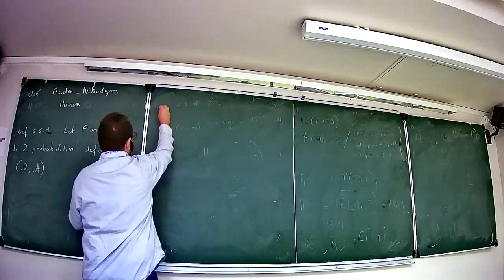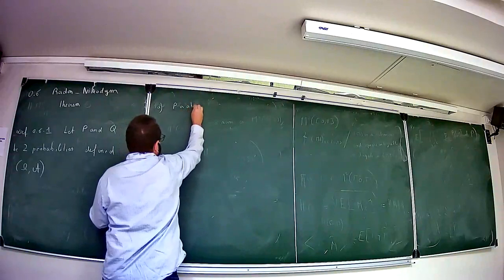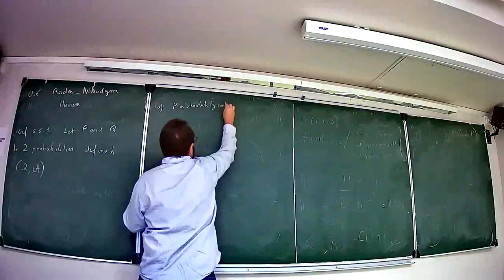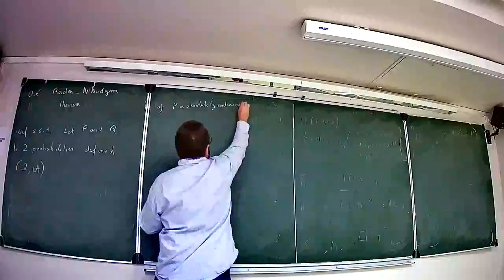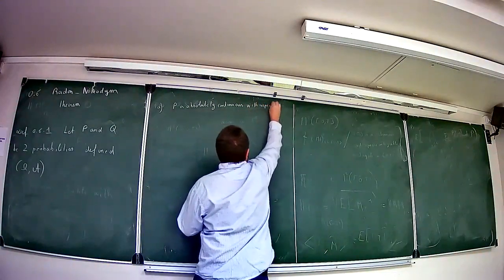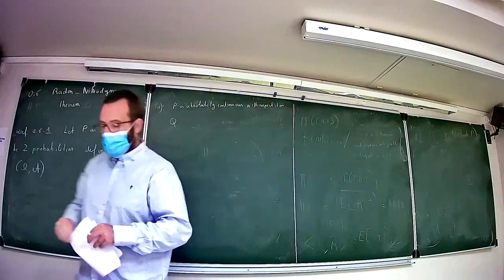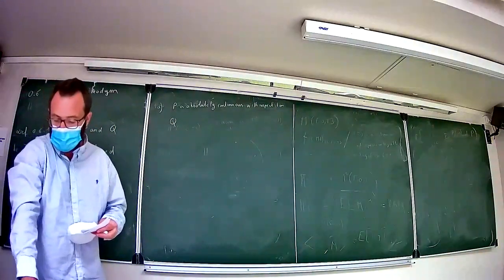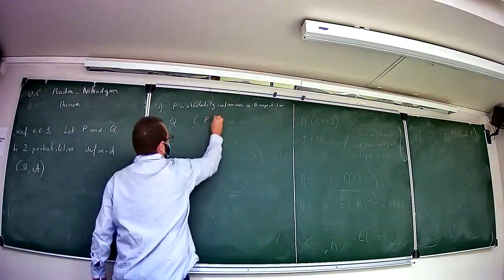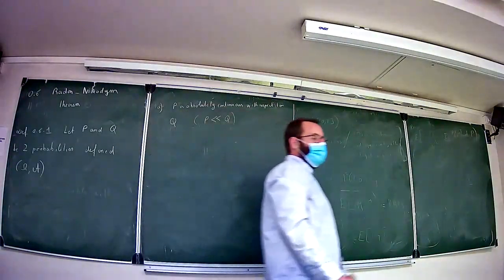Maybe I will write here. So we say that P is absolutely continuous with respect to Q. Okay? So P is absolutely continuous with respect to Q. The way to write is this one. P less than Q, this symbol, okay? Double less.